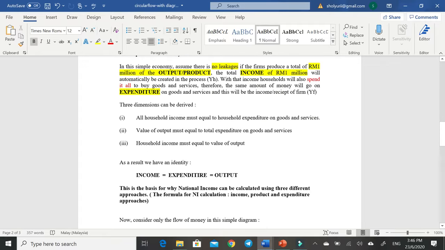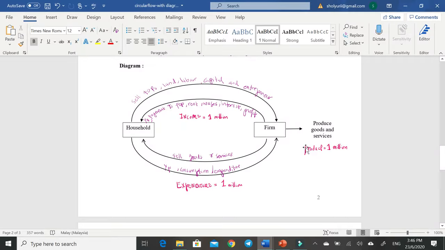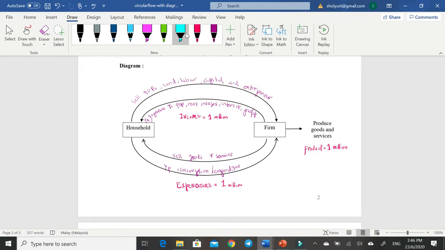And last sekali, household income must equals to the value of output. So I will write this down as output also so that you won't be confused. Jika ada satu produk, ada satu output kan, tapi basically it's the same thing.